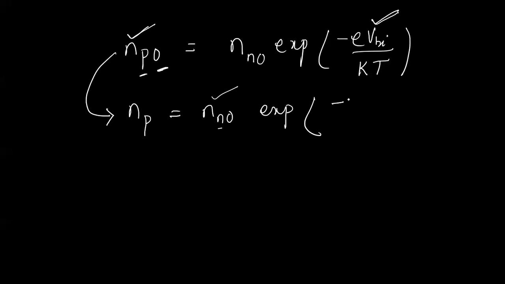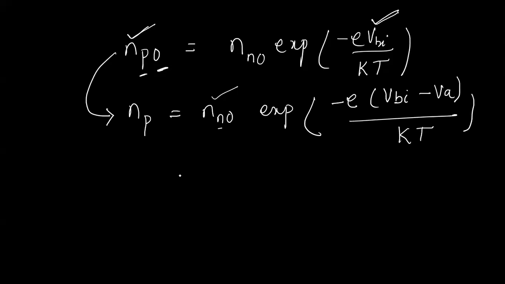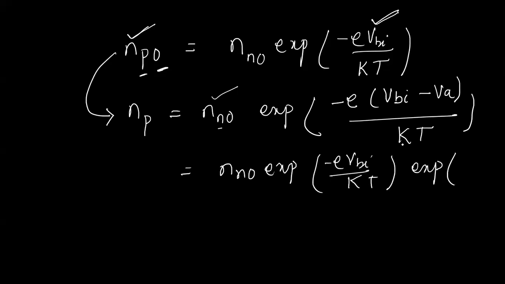So in place of VBI we write VBI minus VA, divided by KT. We can expand it: nn0 times exponential of minus EVBI divided by KT, and then the other term, exponential of minus E into minus VA, that is plus, so we get EVA by KT.